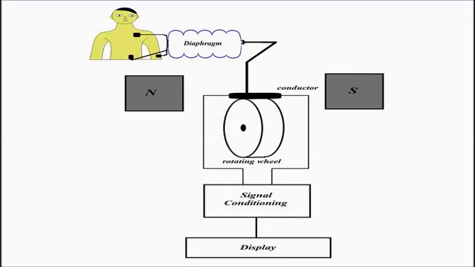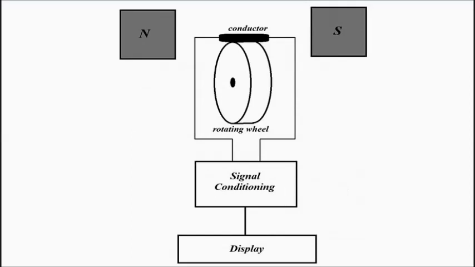Depending on the requirement, we can choose any particular kind of setup, a linear setup or rotating wheel setup. That is dependent on the requirement and the specifications. So this is the basic setup for pressure measurement using magnetic linear and angular encoders.